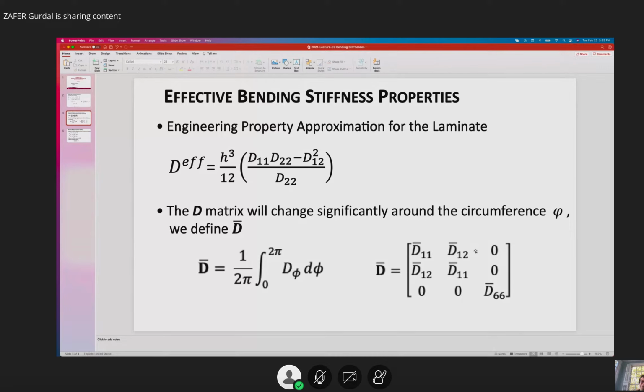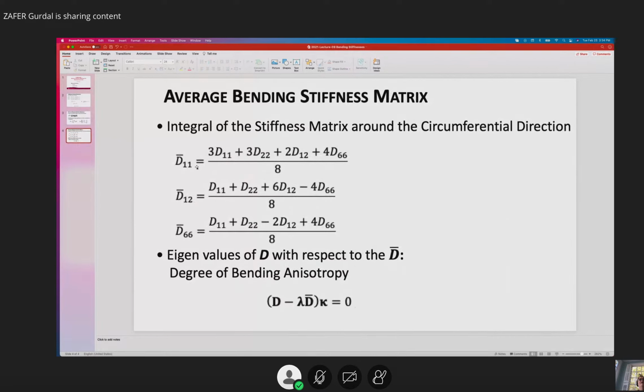It's still a matrix, the average of the bending stiffness matrix looking around the circumference divided by the circumferential length 2 pi. So this is the definition. What are the D bar values? It turns out the D bar values become the D values multiplied by scalar numbers and divided by 8.